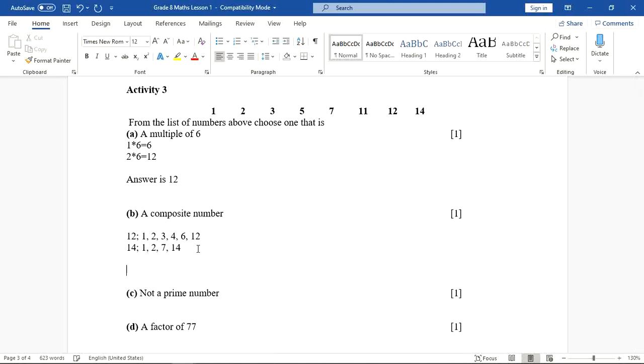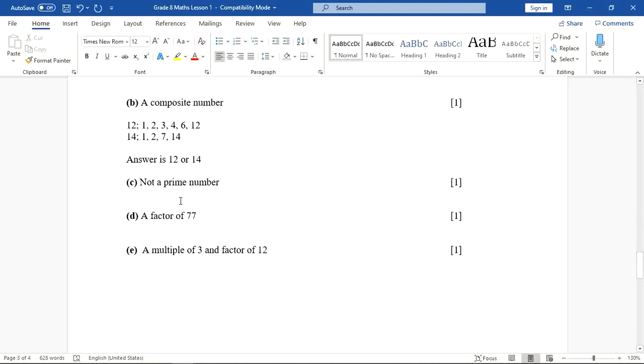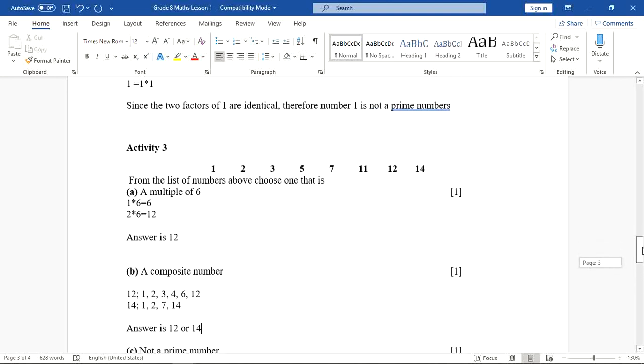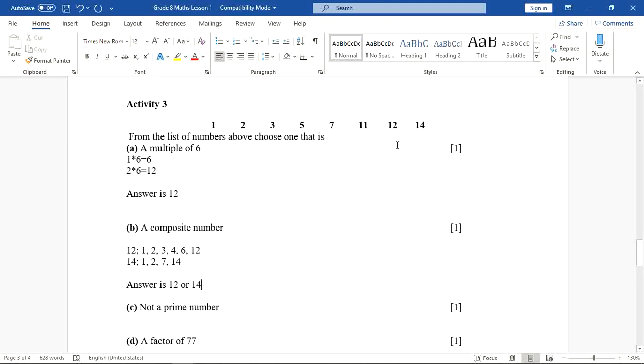So the answer is either 12 or 14. You only take one because there's 1 mark. If there were 2 marks, I would have said 12 and 14. Not a prime number. We want a number that is not a prime number. From this list, we know that 12 and 14 are composite numbers, meaning that they are not prime numbers. What about number 1?